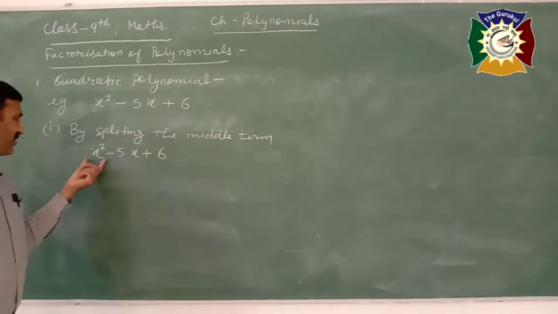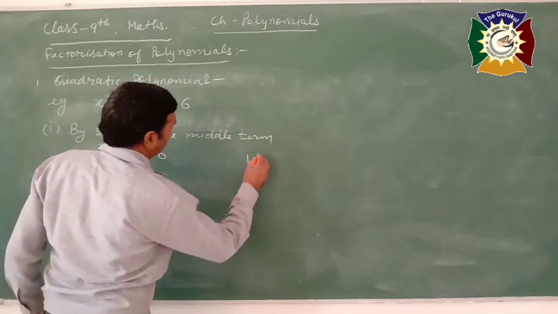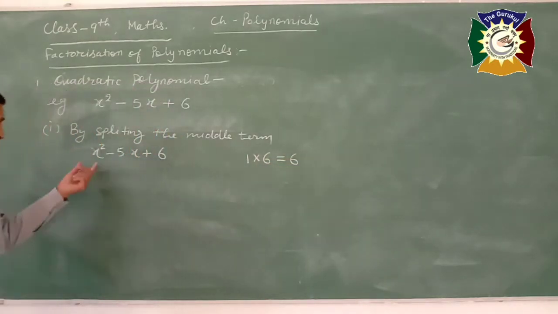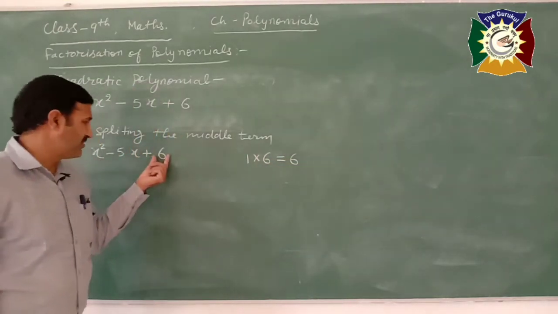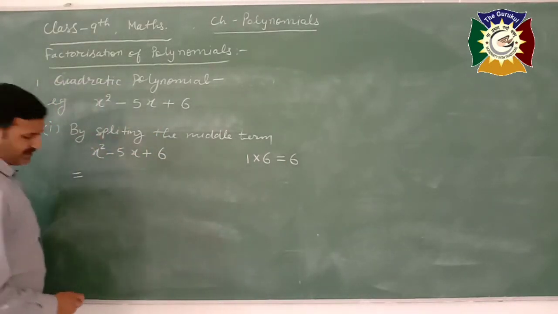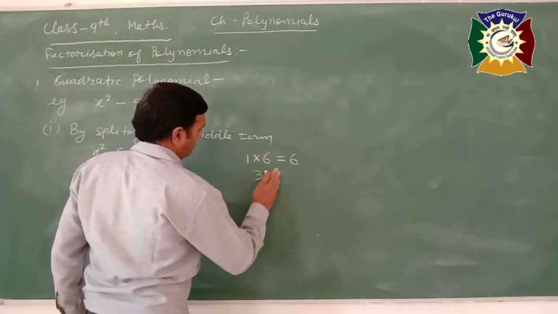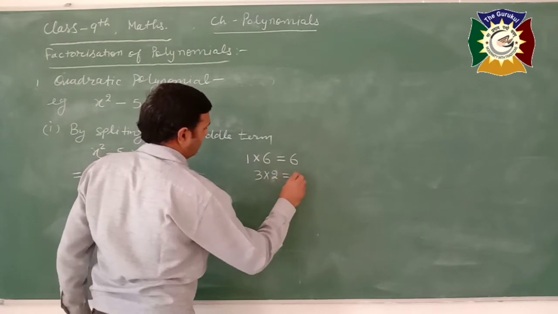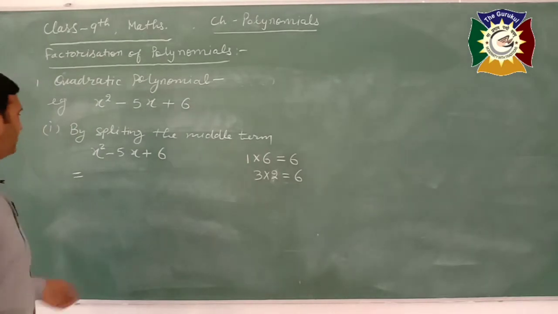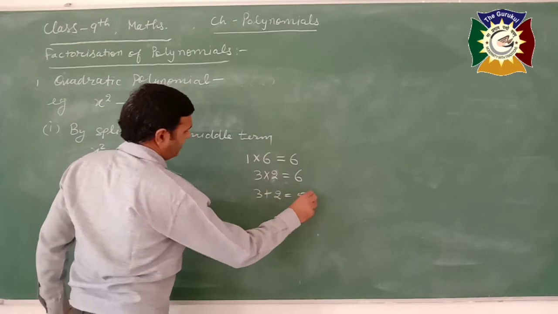Take the coefficient of the quadratic term and the constant term and multiply these two coefficients. Coefficient of x square is 1 and coefficient of the constant term is 6. So the multiplication is 6. Now we will make the factors of this 6 so that the multiplication of the factors should be 6 and the sum of the factors should be the middle term.